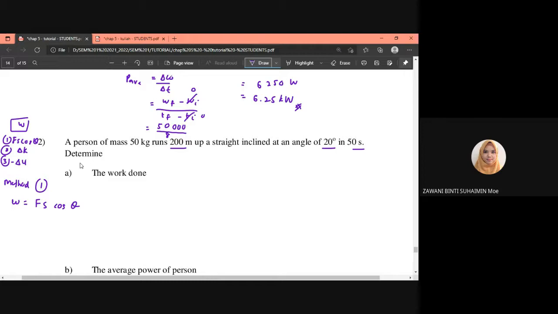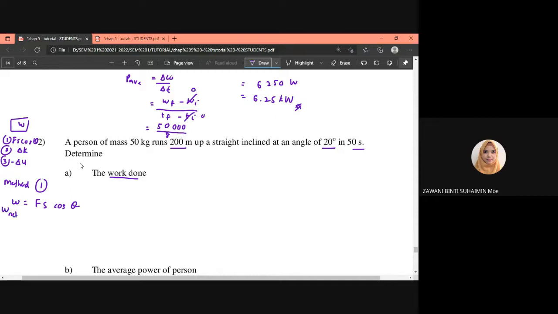Tapi kita kena tahulah total force acting on the system tu apa. Contoh sekarang ni dia minta work done sahaja. So maksudnya dia tak minta work done by the weight ke, work done by the normal force ke. So meaning dia nak minta work done by the system in total. So maksudnya dia nak work net lah kat sini.